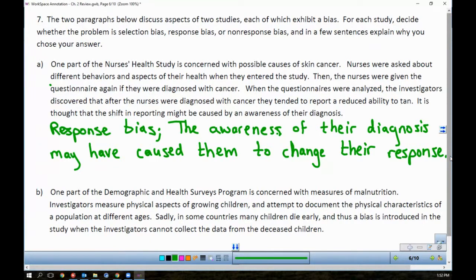Questions on 7A? Okay, let's look at 7B.